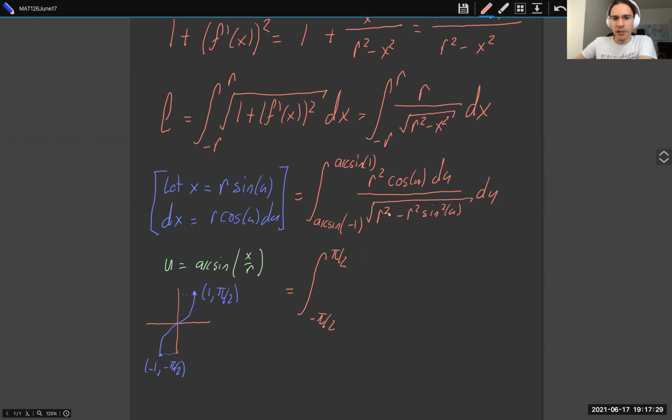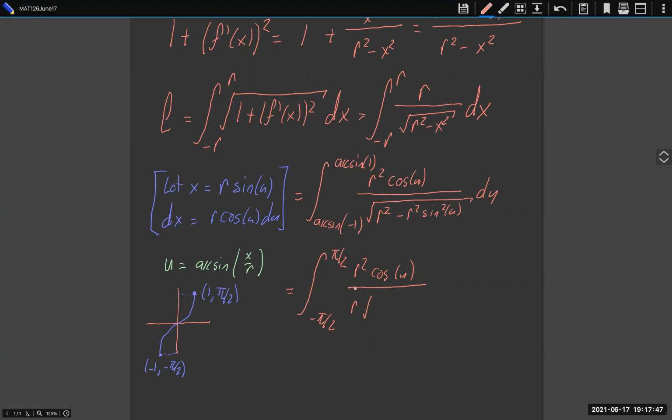So I can then factor out r from here. Let's do it in multiple steps. Professor, should there be 2 DUs above where you're writing? Oh, one? Thank you. That is a typo. Yeah. Good. Thanks.